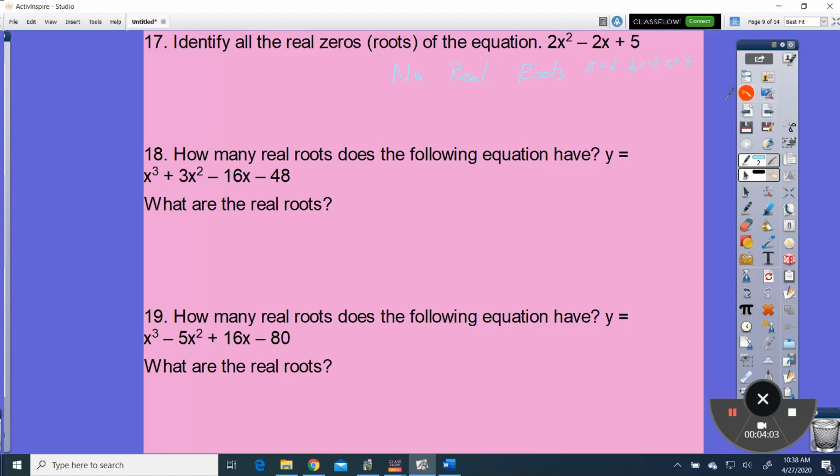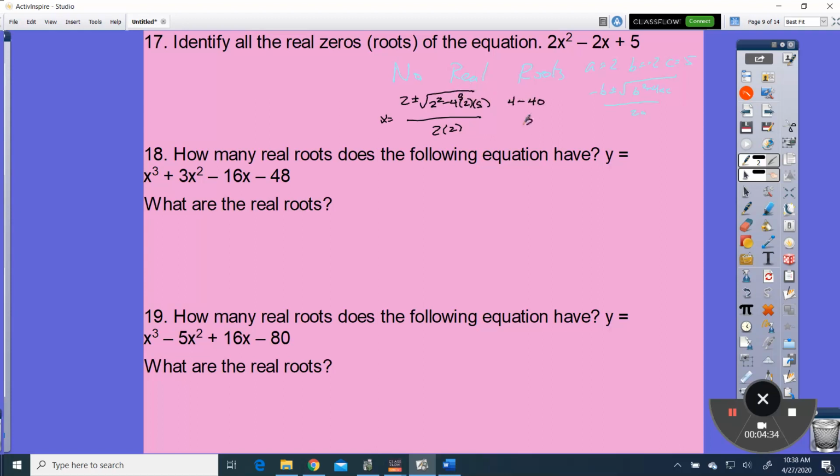If I were to use the quadratic formula, negative b plus or minus the square root of b squared minus 4ac, all over 2a, and I plug stuff in. When I do this part in here, I get 4 minus 4 times 2 is 8, times 5 is 40.